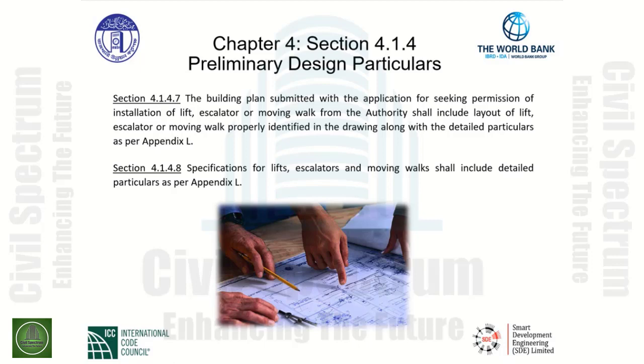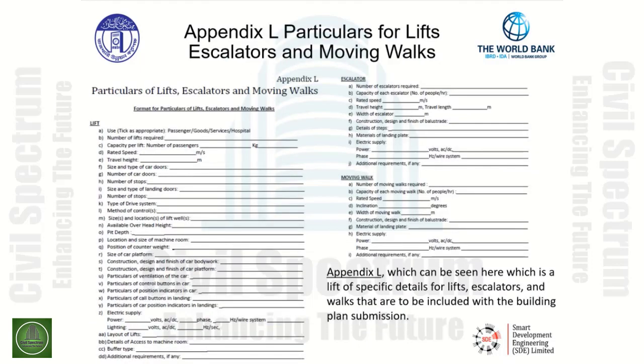Section 4.1.4.8 indicates that specifications for lifts, escalators, and moving walks shall include detailed particulars as per Appendix L. As an example, Appendix L contains particulars of lifts, escalators, and moving walks that need to be filled out by the applicant and submitted to the authority with the construction documents for these conveying systems.